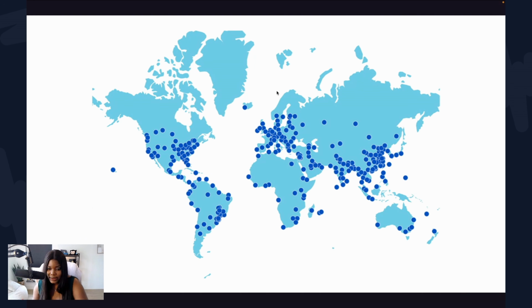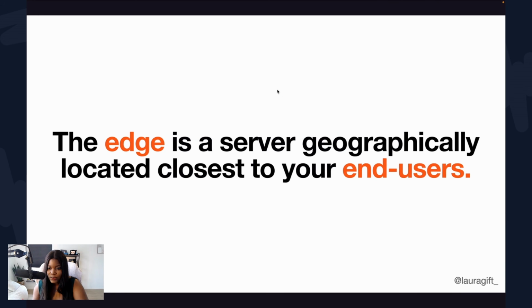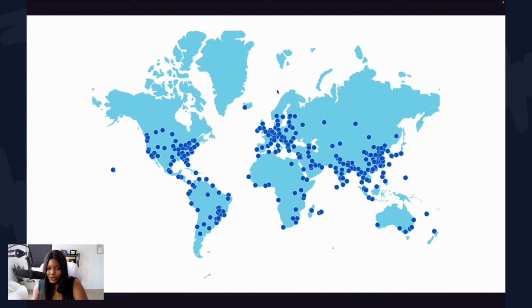Now, what is an edge network? Just so you understand it, edge is basically a server that is located geographically closest to the user, right? So going back to the diagram that I showed here, each of these is an edge server that helps you serve your application closest to your user.